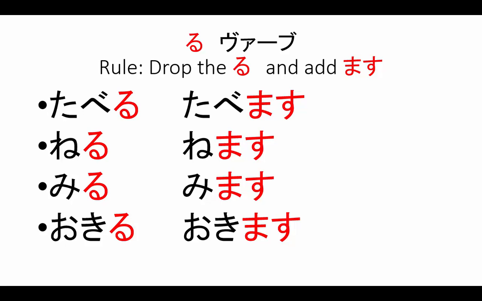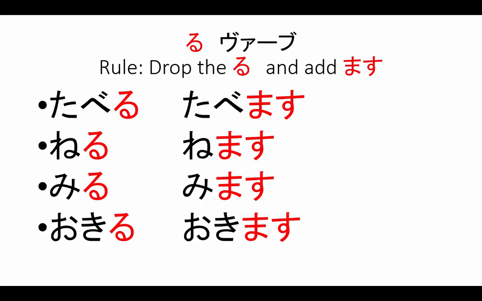What about tabemasen? What's that one mean? You don't eat. To not eat. So tabemasen would mean I don't eat or I will not eat. Tabemasu is I eat or I will eat, or he will eat or they will eat, or whatever, right? Of course you can add a pronoun or a person's name if you want to.